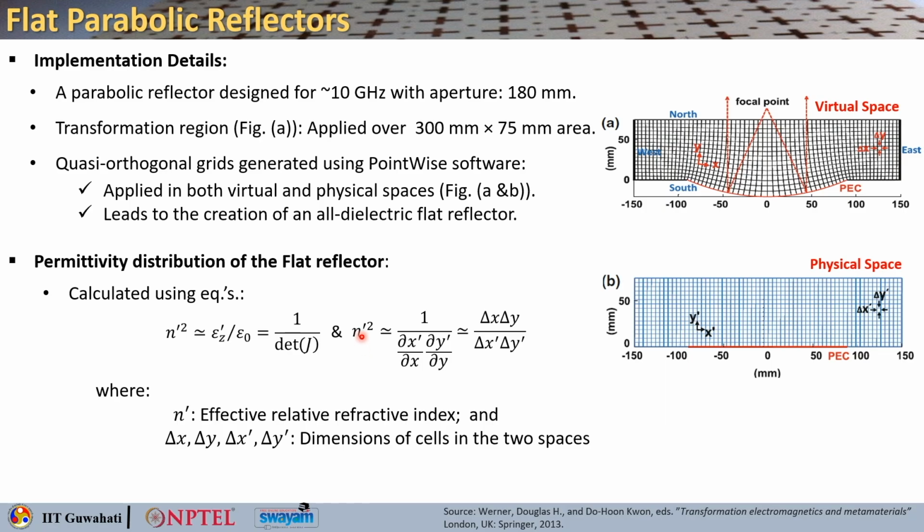I think there is a typo, so it will be double prime. This n prime is the effective relative refractive index, and delta x, delta y, delta x double prime and delta y double prime are the dimensions of the cells in these two spaces, the virtual space and the physical space. From there also you can obtain this. So this is n prime square.